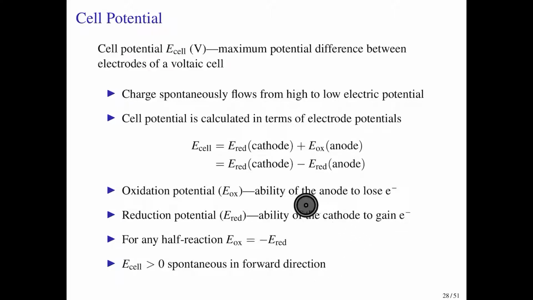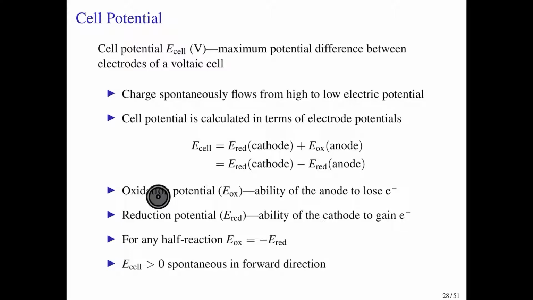However, you will find reduction potentials. Reduction potentials are tabulated, but oxidation potentials are not. So instead of writing the cell potential in terms of the oxidation potential at the anode, we instead write it as minus the reduction potential for the anode, because the oxidation potential is equal to and opposite the reduction potential.